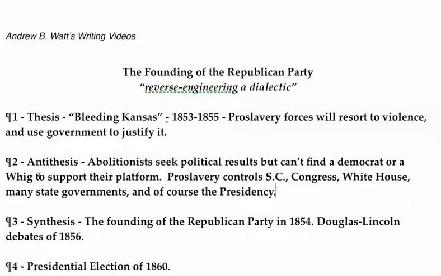Nobody's expecting that the abolitionists are going to be able to break through this kind of barrier. They also control the economic levers in that many of the factories are owned by people who are profiting from slave labor in the South.